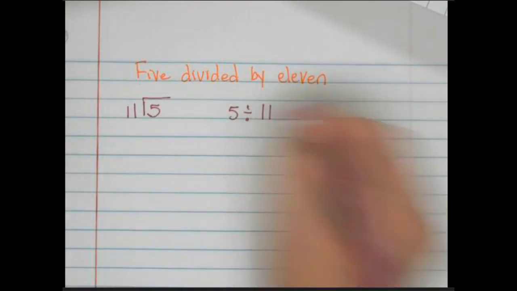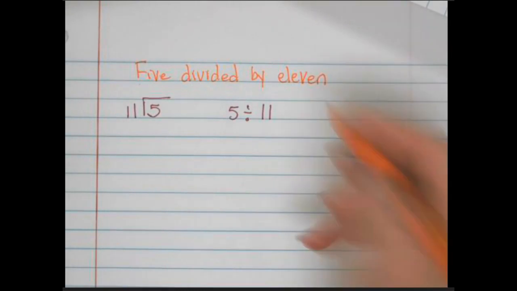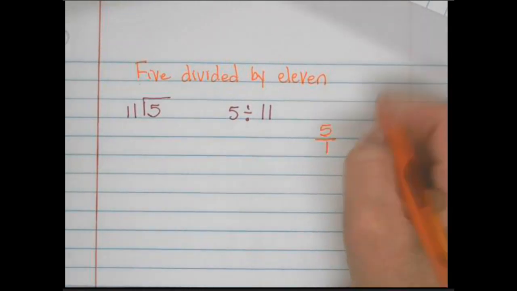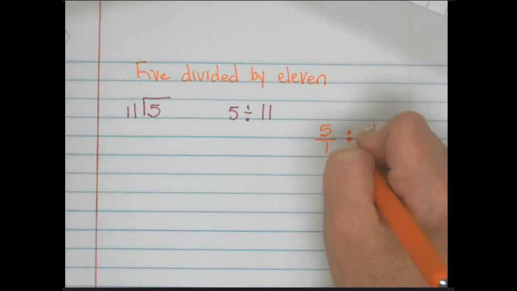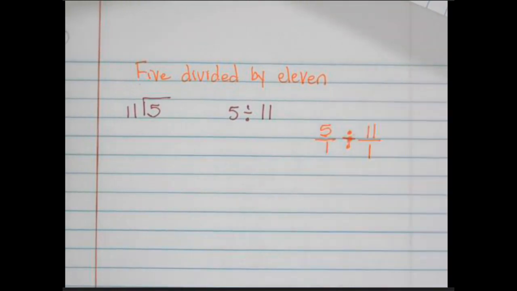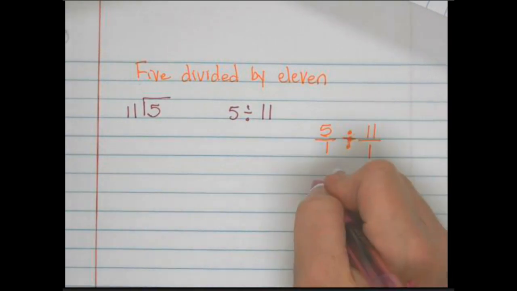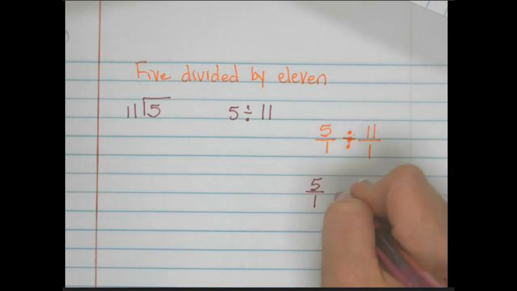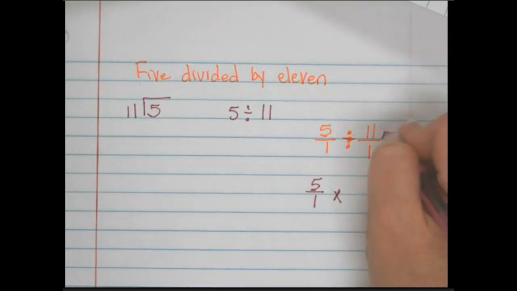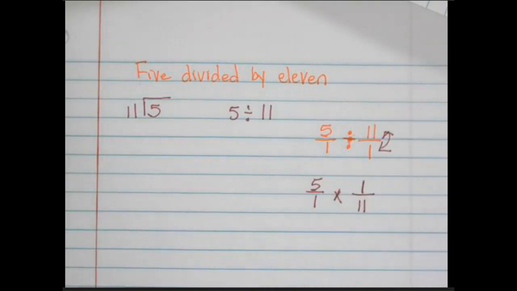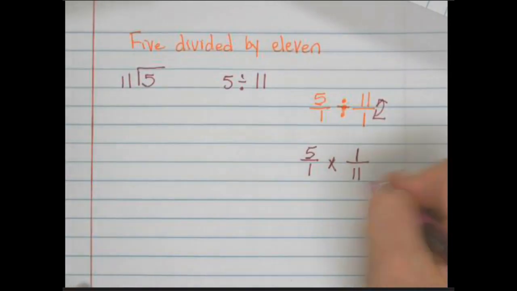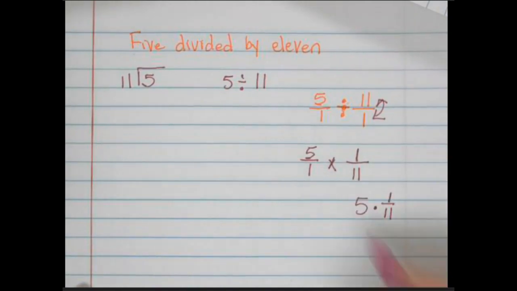If we write this as a fraction, this would be 5 over 1 divided by 11 over 1. 5 over 1 times, we multiply by the reciprocal, 1 over 11. So that changes it to 5 times 1 over 11.